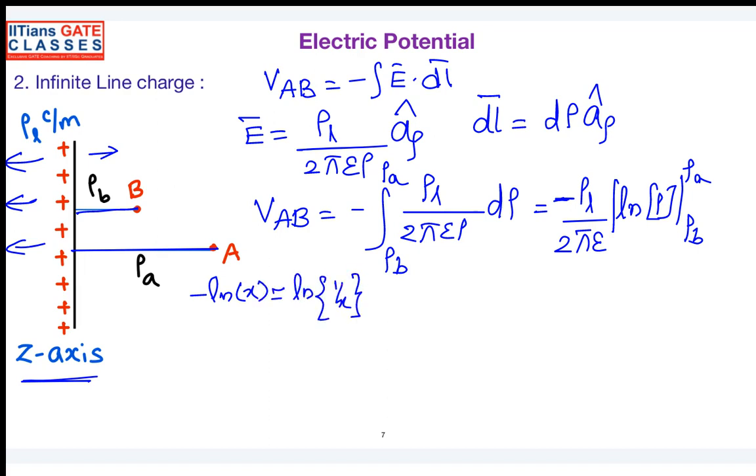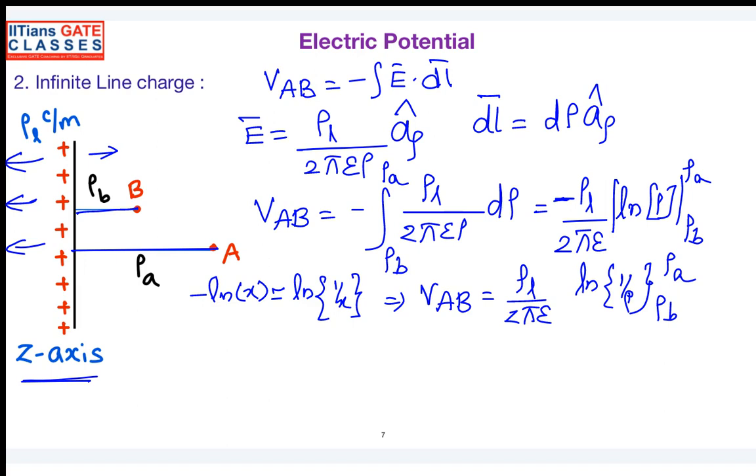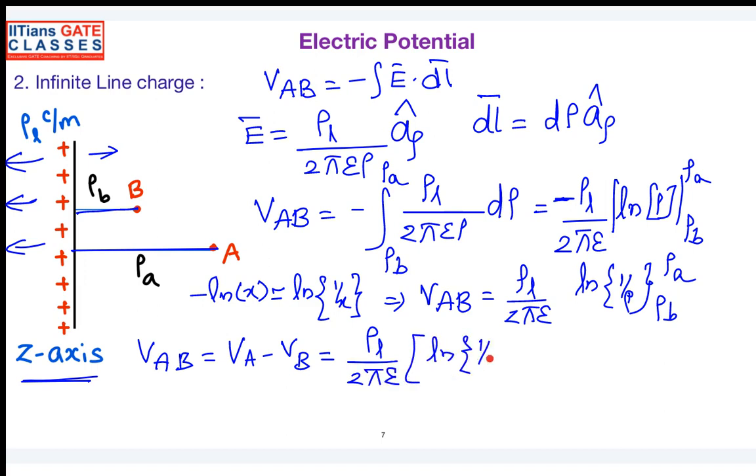So using that, VAB is equal to rho L by 2 pi epsilon ln of 1 by rho, from rho B to rho A. You can separate it now. VAB is basically VA minus VB. If we substitute that, rho L by 2 pi epsilon into ln of 1 by rho A minus ln of 1 by rho B.